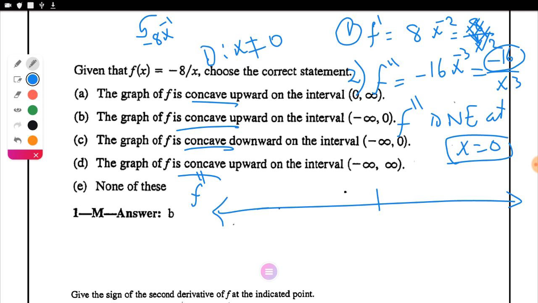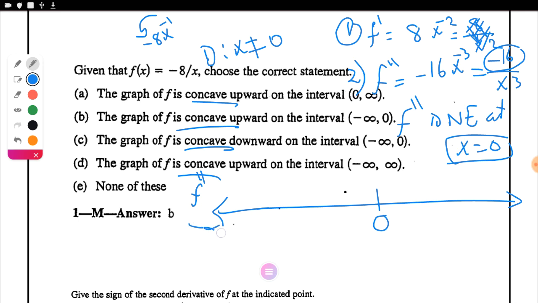Since I don't have any values which make the second derivative equal 0 or not exist in the domain, I will write where the function is undefined, so I will write only 0.